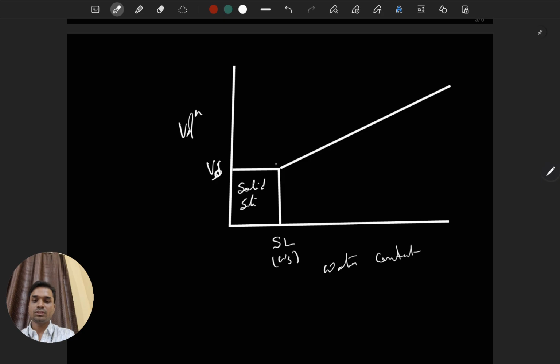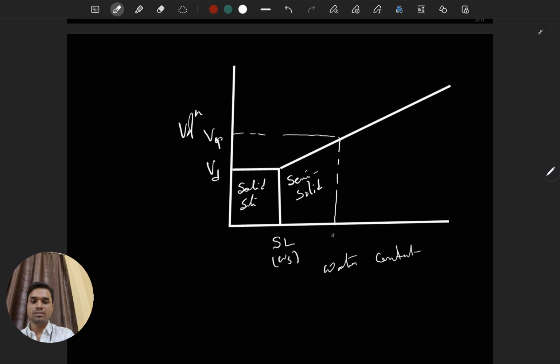Now we just increase the volume of water, then in this zone it will lose some of the shear strength, and what we denote is plastic, P. In that case it becomes semi-solid.